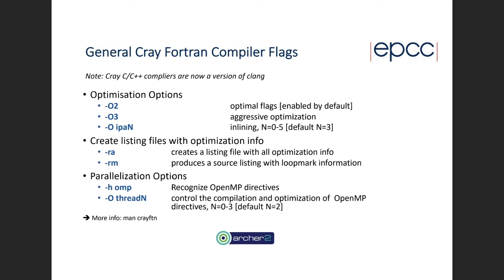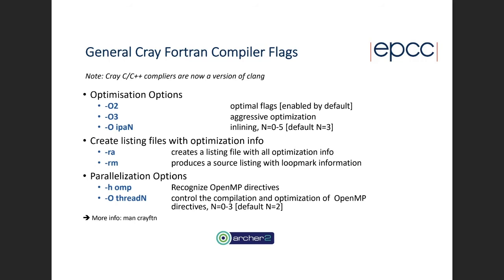Finish off a few bits and pieces about specific compiler flags on Archer 2. There have been some significant changes to Cray compilers relatively recently. In particular, the C and C++ compilers are now no longer Cray proprietary software.